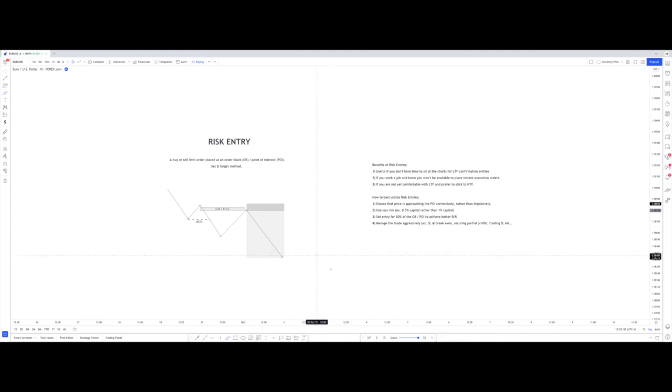So as price makes new structural highs and lows, you can move your stop loss above each structure point, okay? Because if our order block concept remains valid, then price shouldn't be breaking above these levels, right? It shouldn't be going above those levels, so it's a safe place to put your stop loss.